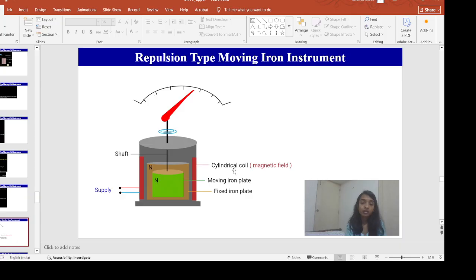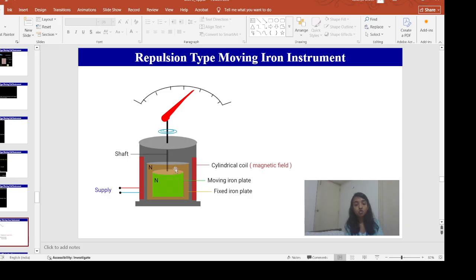When the magnetic field is induced in the cylindrical coil, it will also magnetize the moving and the fixed iron plates with the same polarity. Meaning if a north pole is created in the moving iron plate, the same north pole will also be created in the fixed iron plate. As a result, the moving and the fixed iron plates will repel each other.